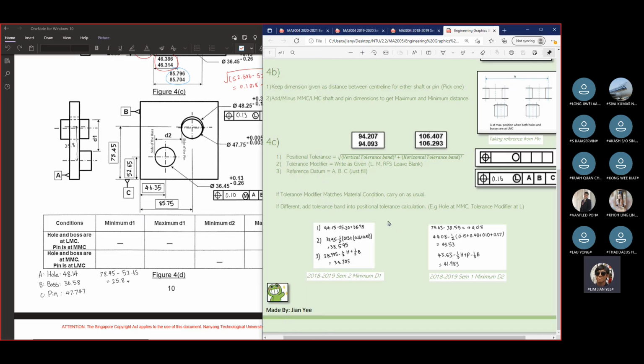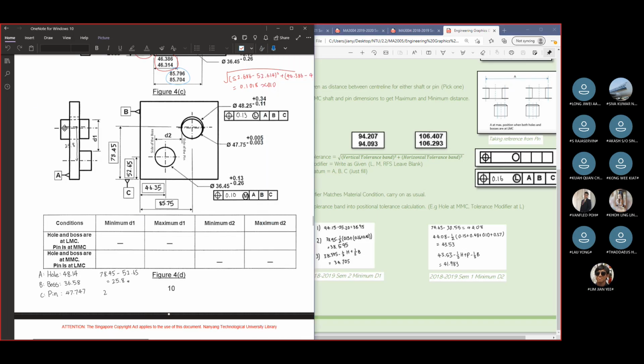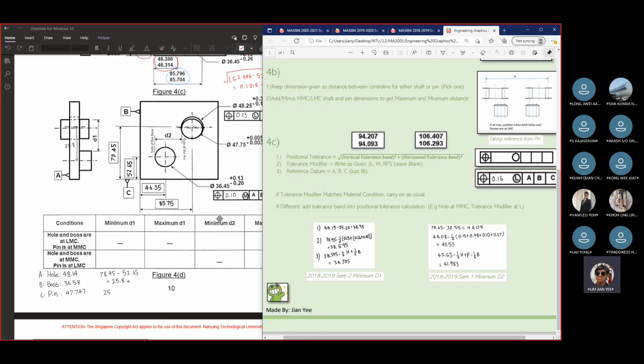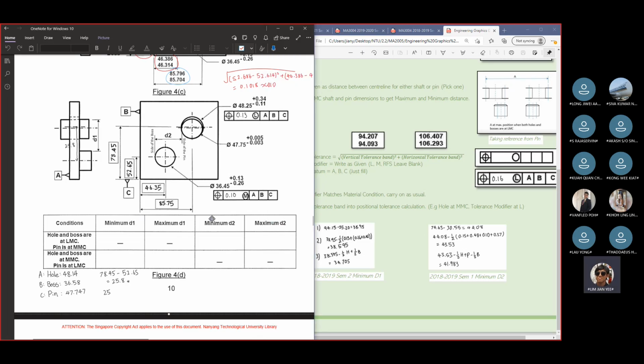According to the cheat sheet method, what you want to do is 25.8, so minimum D1. For the minimum, you minus the tolerances, because tolerance means you can move, like 0.3, diagonally.